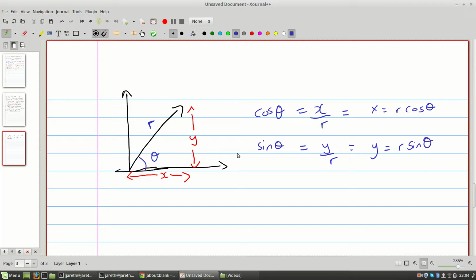By doing this, we are converting these Cartesian coordinates to what we call polar coordinates. And by using the Pythagorean theorem, we can assert that x squared plus y squared is equal to r squared, right?